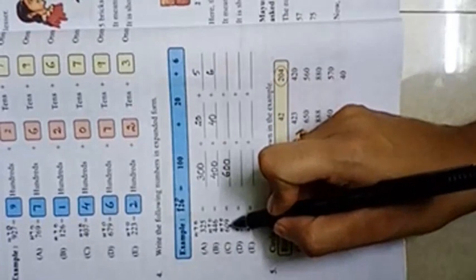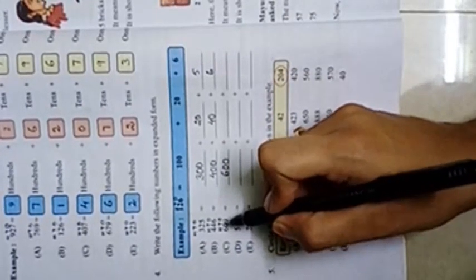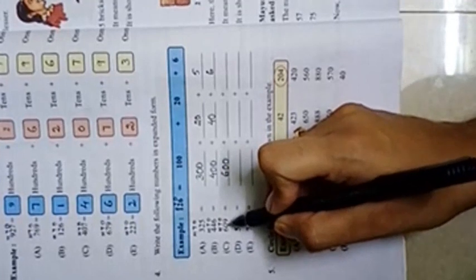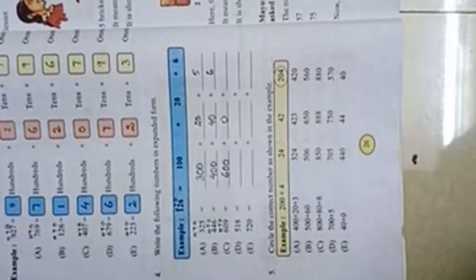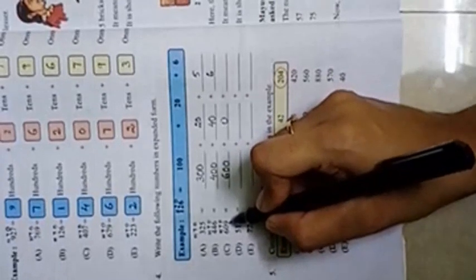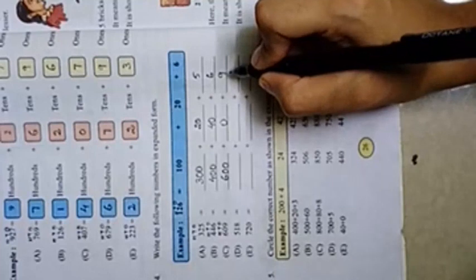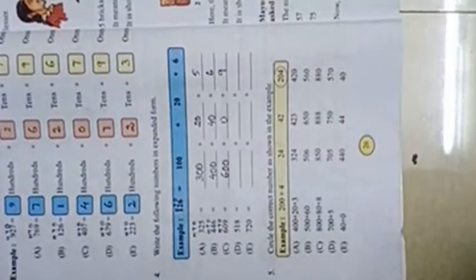And here how many tens are there? 0 tens. So 0 tens means no tens. Multiply, 0 tens are 0. If you multiply 0 by any number, you will get the answer 0 itself. So here there are 9 ones. 9 ones are how much? Yes, exactly 9.